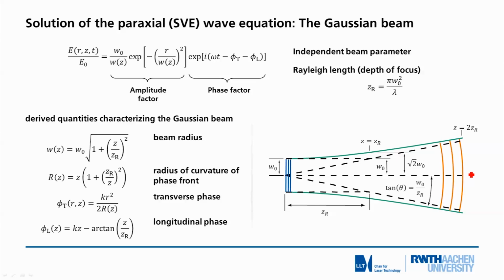You know already the beam waist behavior in terms of the dependence of the optical position along the optical axis, the behavior of the radii of the phase fronts we will discuss in a second. It's a very simple equation as well. And we have two expressions for the transverse phase and the longitudinal phase.